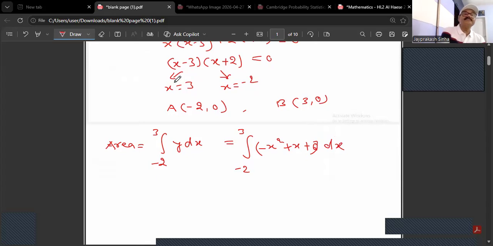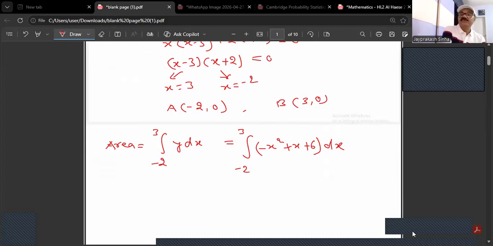Okay, you can write it clearly so that it will be properly visible. Okay, so this will be minus x square plus x plus 6.